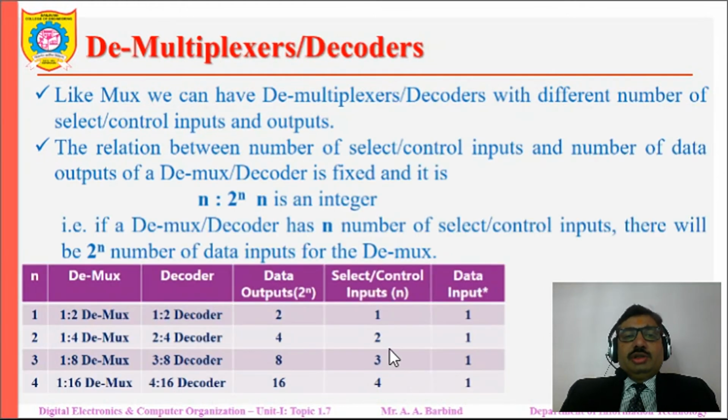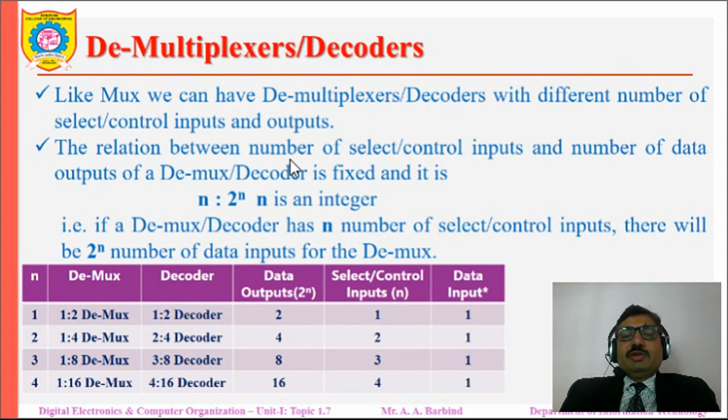So here in this table we shall demonstrate how the decoder and demultiplexers are similar. Like multiplexer, we can have demultiplexers with different numbers of select or control inputs and outputs.